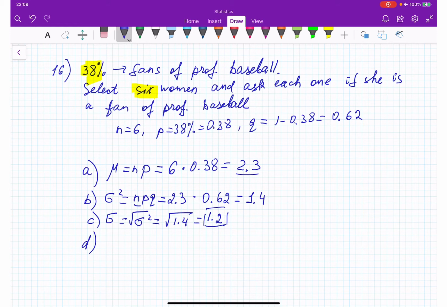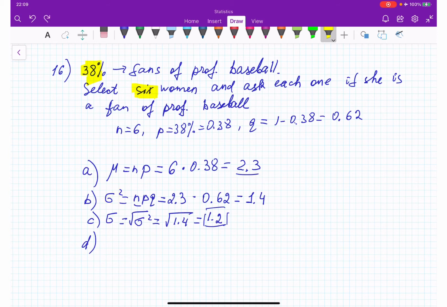So mu is equal to n times p, which is going to be 6 times 0.38, right? And it will be 2.3. And then sigma squared is equal to npq. N times p we know is 2.3.